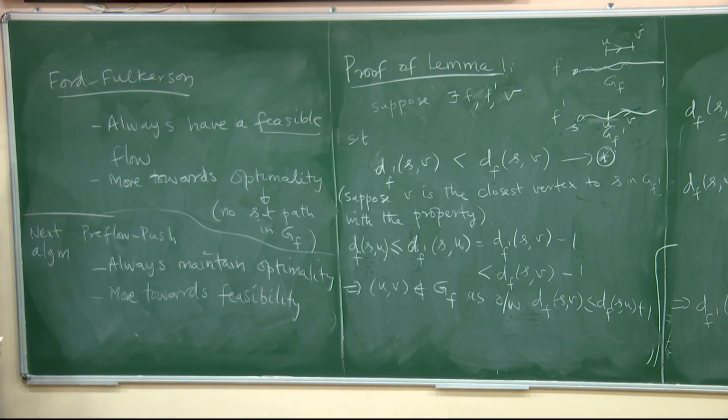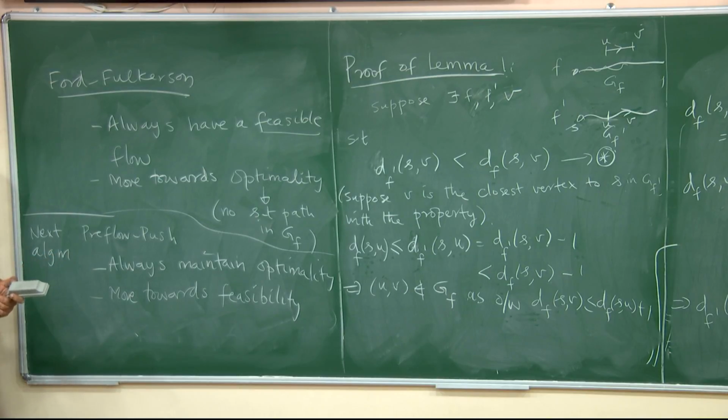Which means that at any point of time, I really may not have a flow. I may not satisfy the conservation constraint, I'll only satisfy the capacity constraint. But I always maintain that there is no s-t path in my residual network.